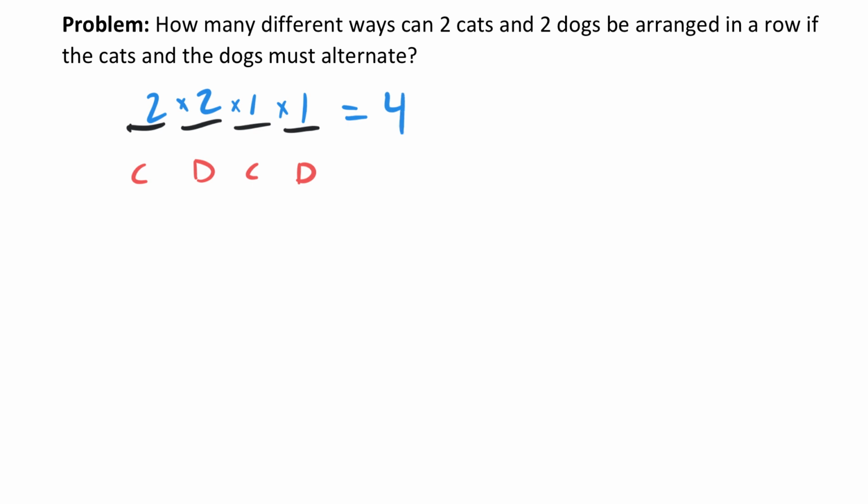But this actually is not the correct answer. Let me go ahead and give the cats some names, and I'm going to show you why. Let's say the cats are named Alice and Betty. And let's say the dogs are named Carl and maybe Doug.